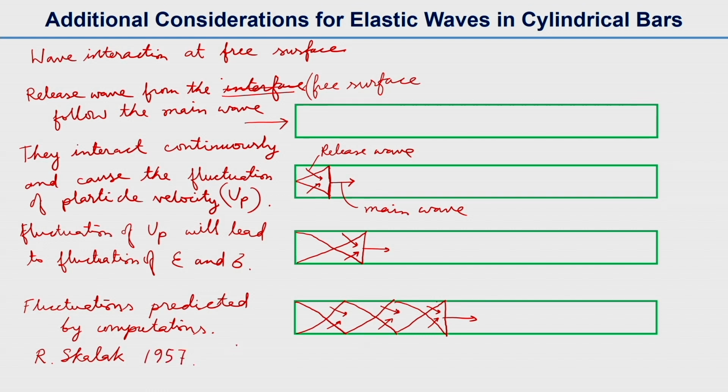He used the method of double integral transform to solve the problem of impact of a cylindrical projectile on a cylindrical rod.